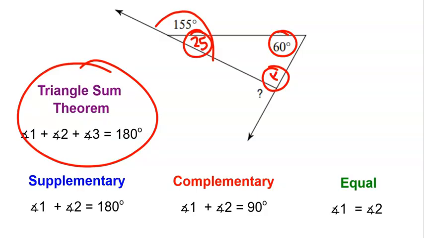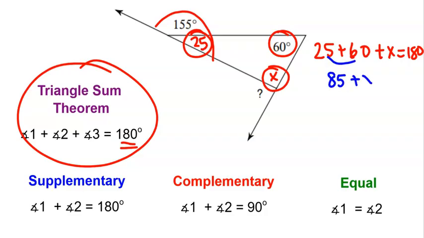So I'm going to call this missing angle x. 25 plus 60 plus x equals 180, because that's what the triangle sum theorem states. So 25 and 60 make 85. And when I subtract 85 from both sides, I get x is equal to 95.